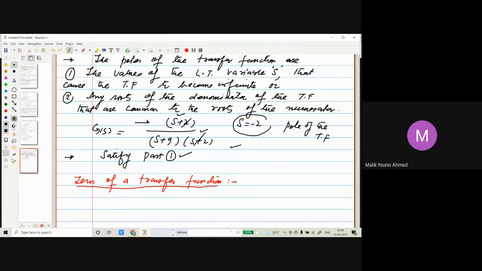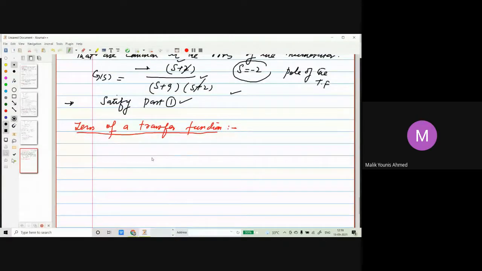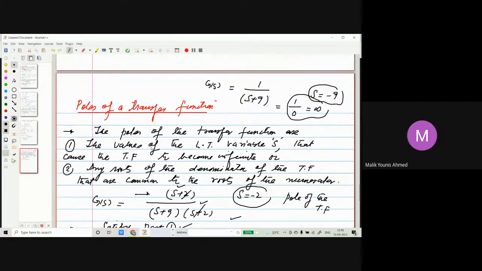Now, the zeros of a transfer function are values of the Laplace transform variable s that cause the transfer function to become not infinite, this time it becomes zero. I will copy these two definitions and just change them.